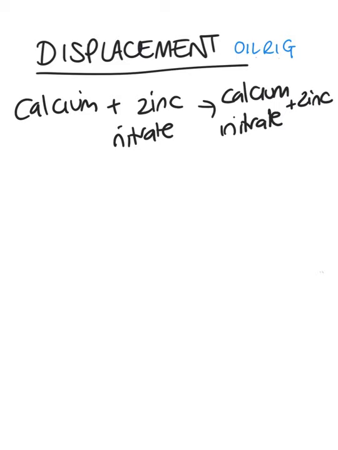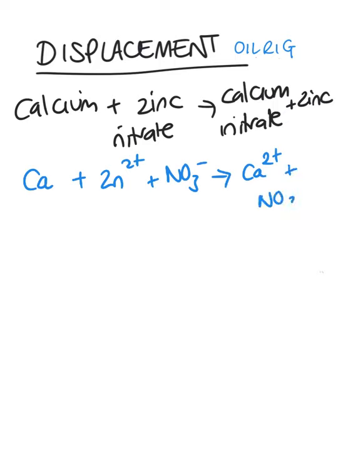From here I'm going to really quickly do the ionic equation. I'm not going to talk you through that in full because it comes up in a different video. So we have Ca plus Zn2+ plus NO3-. It's going to give you Ca2+, your nitrate ion again, and zinc, and we're going to remove the spectator ion.